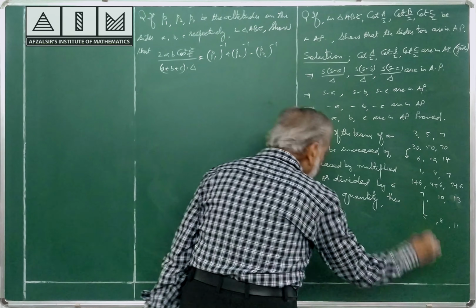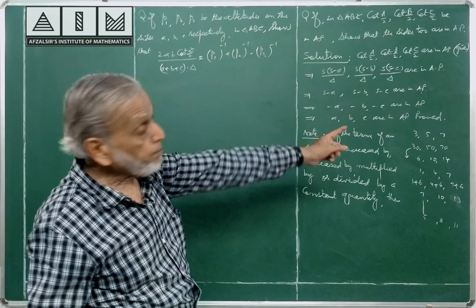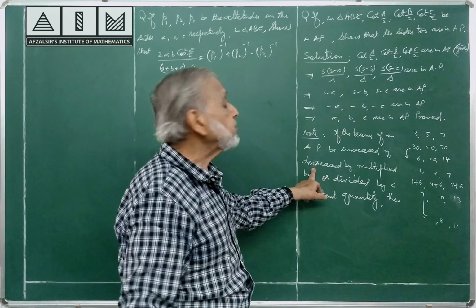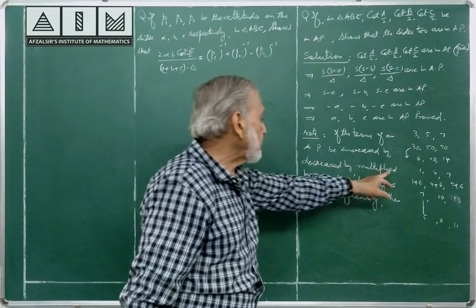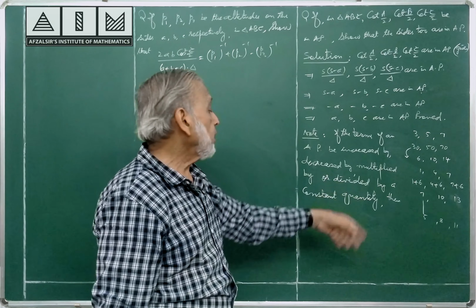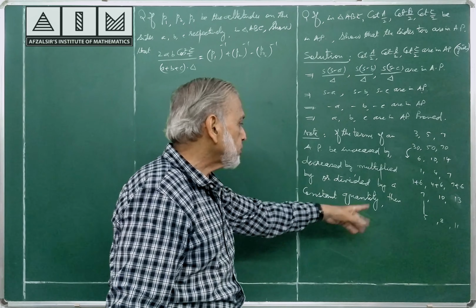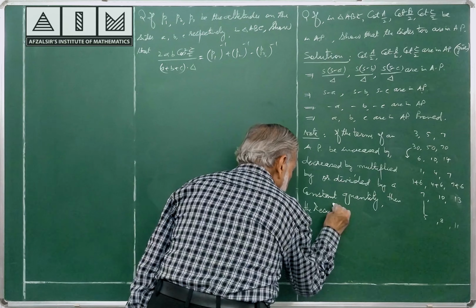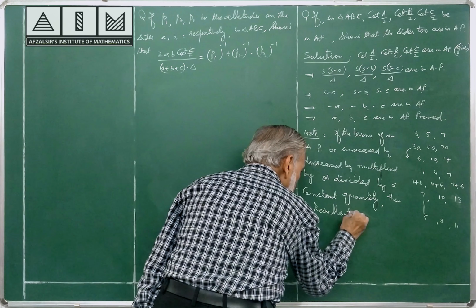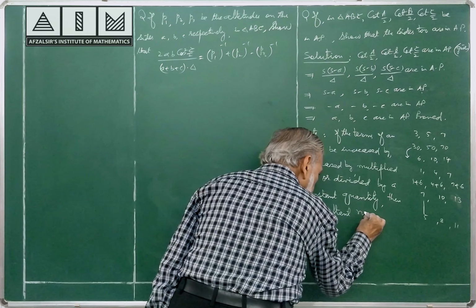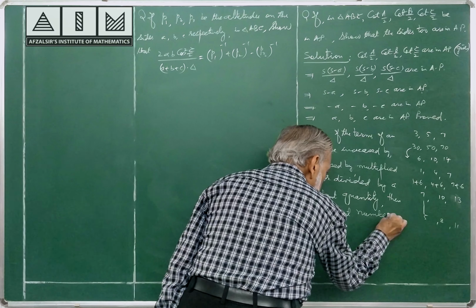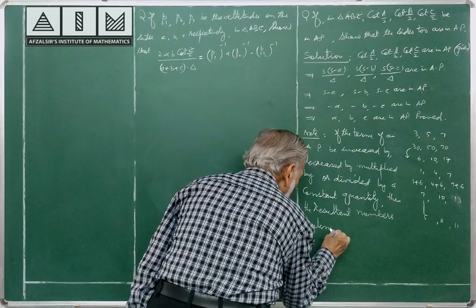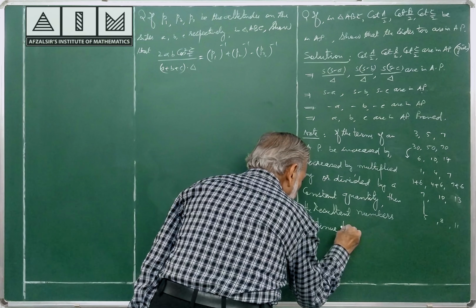May I read once again? If the terms of an AP be increased by, that is adding something, decreased by, subtracting something, multiplied by or divided by a constant quantity, then the resultant series or resultant numbers continue to remain in AP.